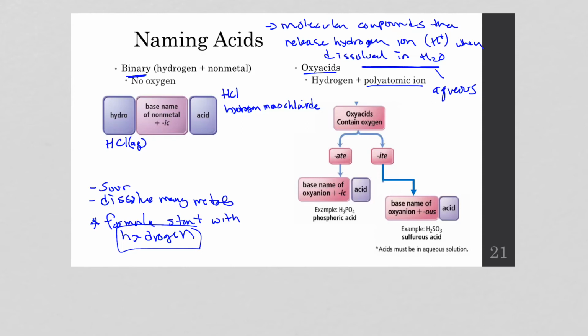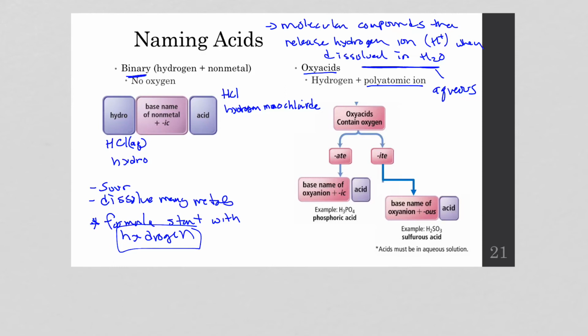Now, these binary acids, they always start with hydro. This is the only place in the naming realm that we use this term. It's reserved for these binary acids. So it's hydro, and then we take the other nonmetal and use its name, but instead of replacing the ending with an -ide, we replace it with an -ic.